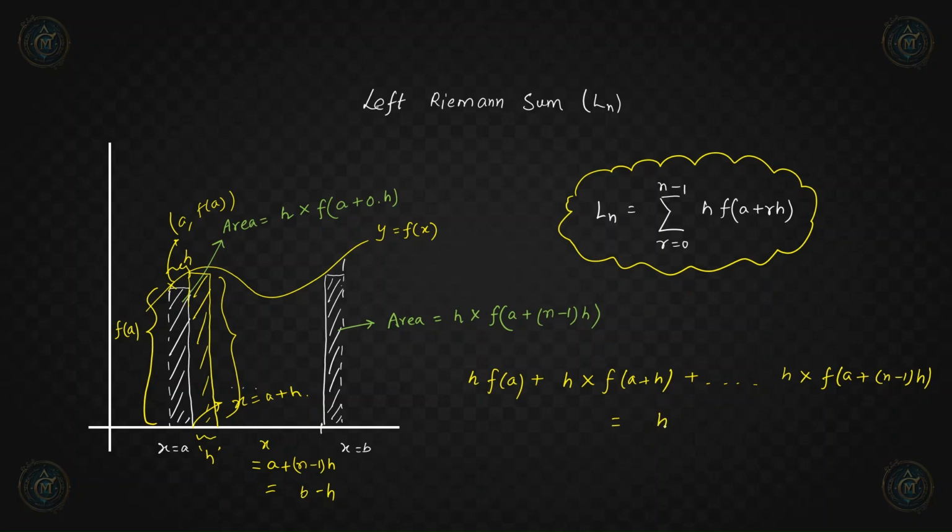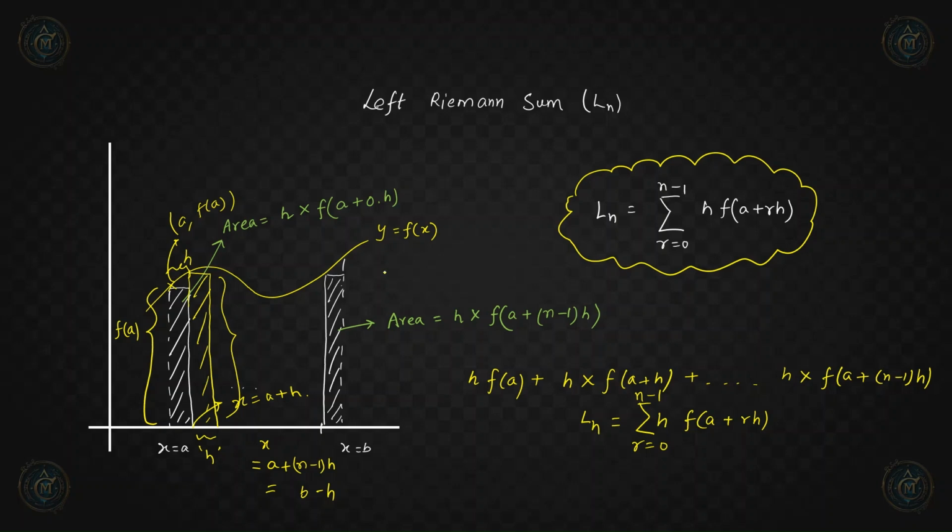So this thing we can write as the summation of h times f(a plus r h), where r is varying from r equal to 0 to n minus 1. So this we call our left Riemann sum, as we are picking only the left endpoints of each subinterval.